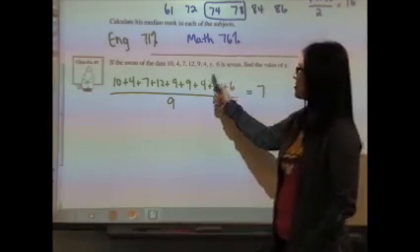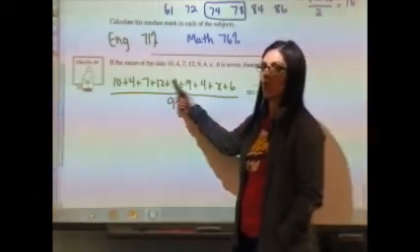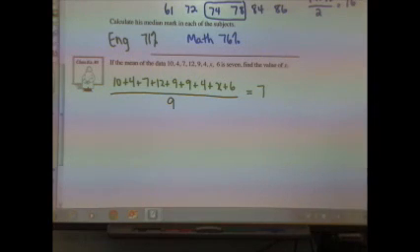So the first thing that I want to do is add all these numbers on the top. Do that for me. 10 plus 4 plus 7 plus 12 plus 9 plus 4 plus 6. Tell me what you get when you've got that done.